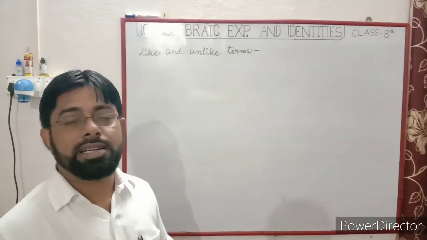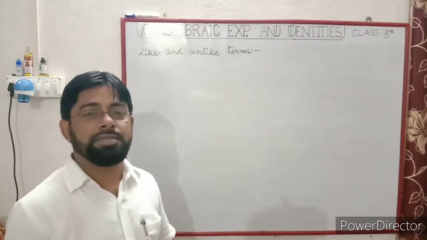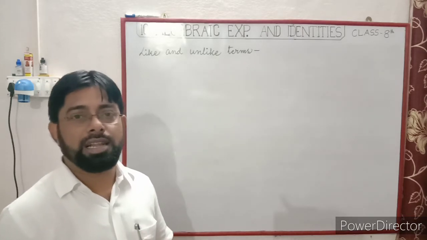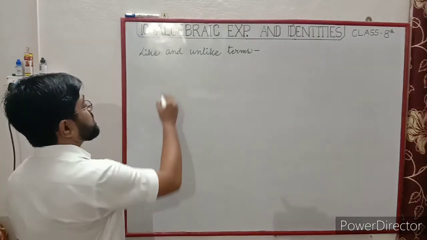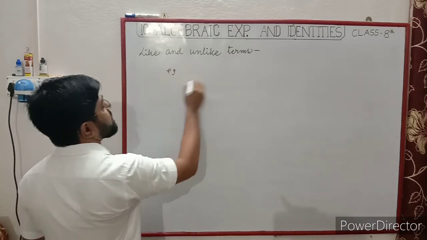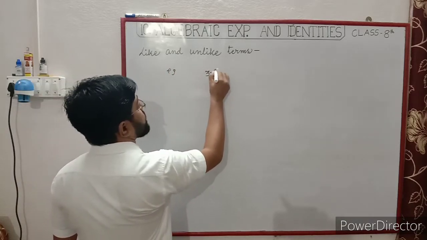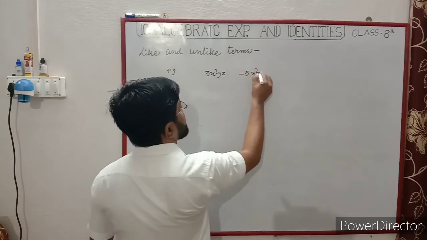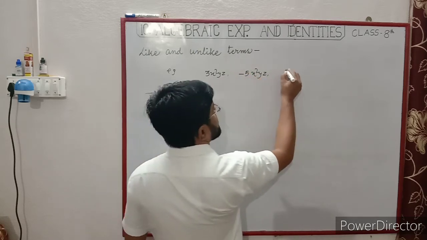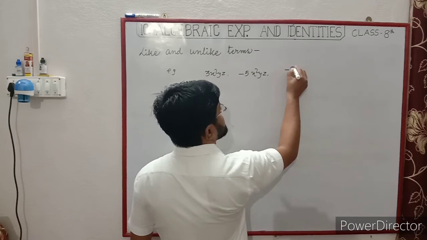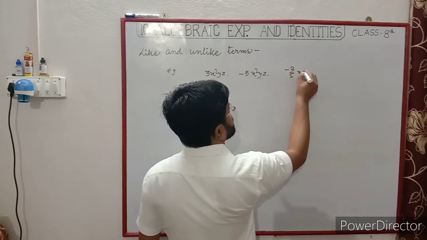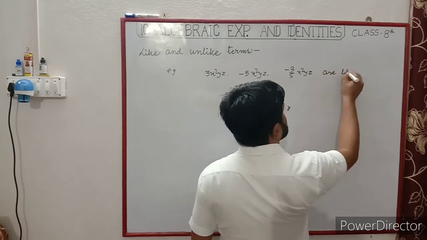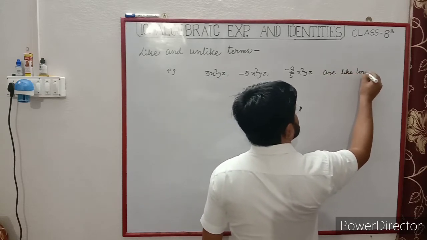Now, like and unlike terms. The terms having same literal coefficients are called like terms, otherwise unlike terms. Let's see the example. 3x square yz, minus 5x square yz, minus 3 by 5 x square yz are like terms.